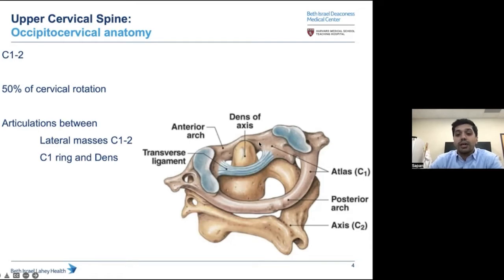But because of this articulation, it's almost like a top where C1 can rotate on C2. And for that reason, most of the rotation in the cervical spine comes from this level. There are also articulations between the lateral masses of C1 and C2, like a facet joint. But those joints are pretty flat, so it allows for the rotation at that level.